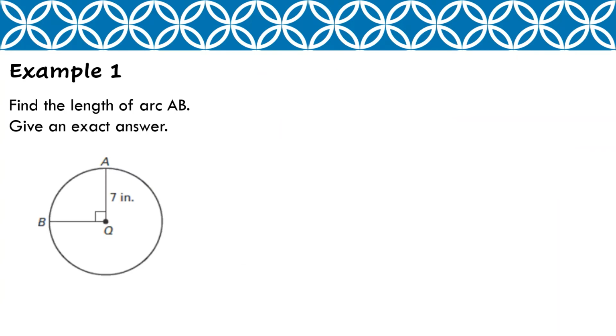Let's try some examples. Find the length of AB. Length, not measure. Length would be in inches. The central angle is indicated as a right angle, so I know it's 90 degrees. That makes the measure of arc AB 90 degrees.